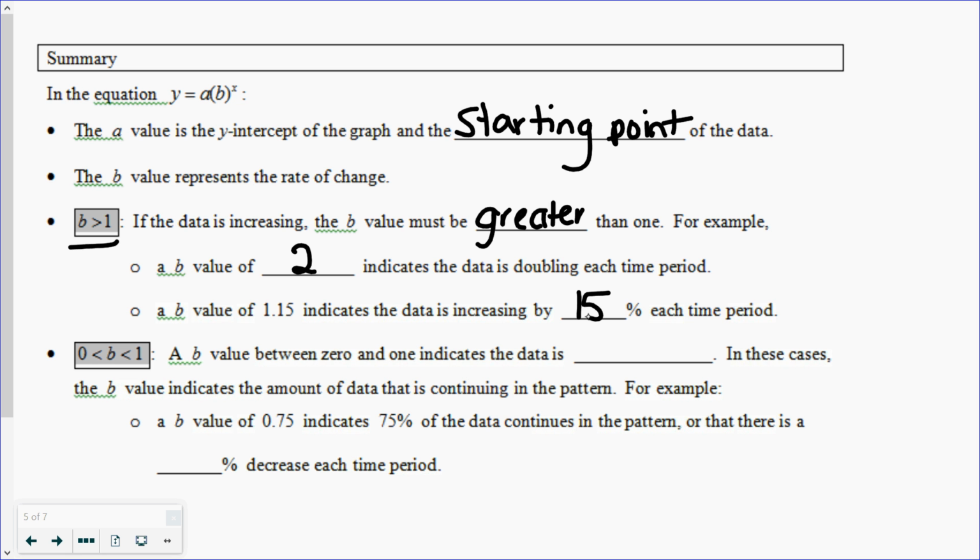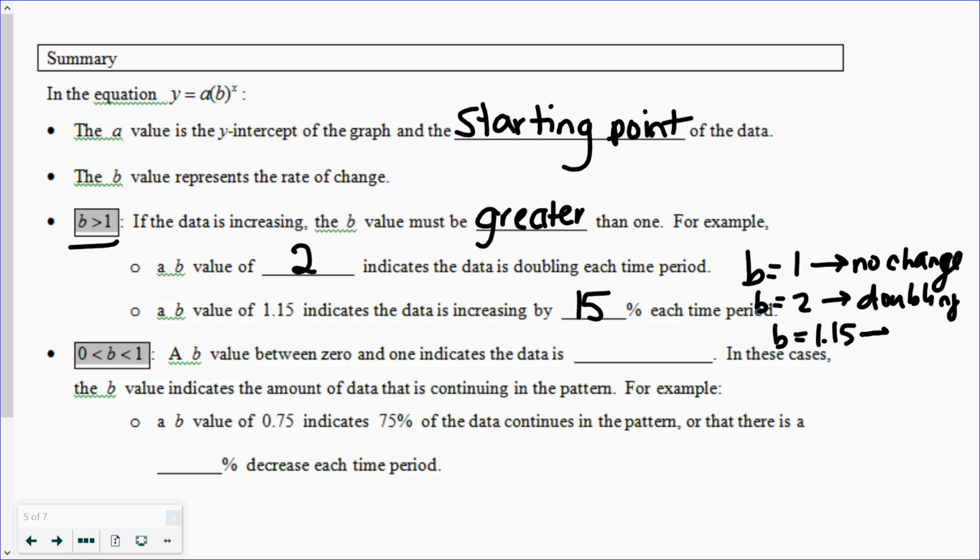So again, if b is equal to 1, it's no change. And like it said above, if b was equal to 2, it's doubling. So we have that b equals 1.15. So again, that 1 represents no change, but since it's more than 1, it's increasing.